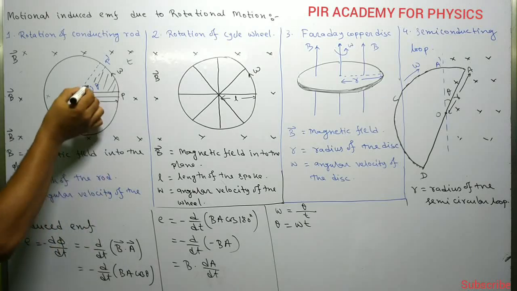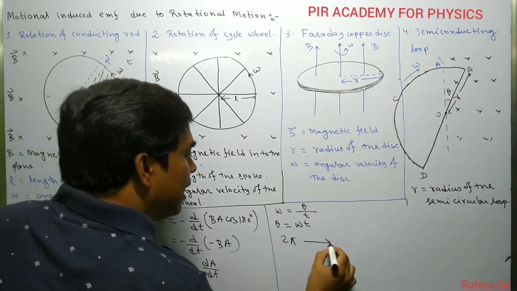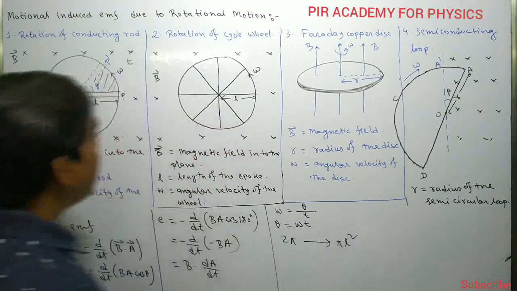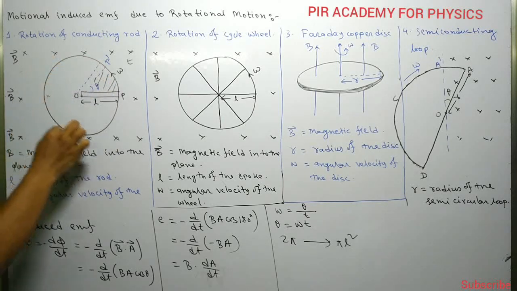Here you see that the total angle is 2 pi. The total area equals pi L square, where L is the radius of this circle.